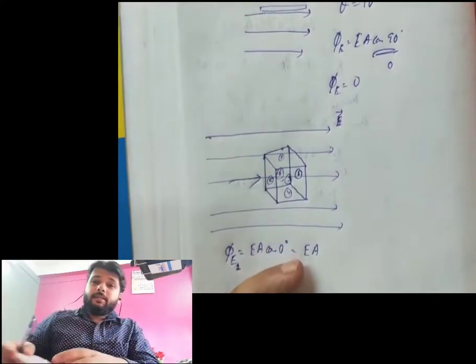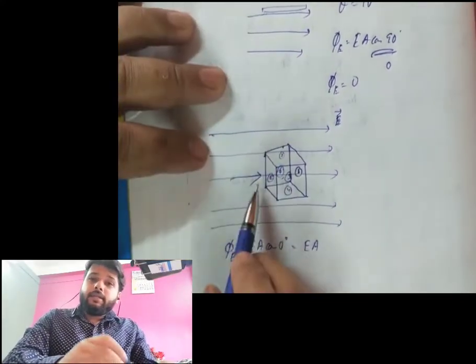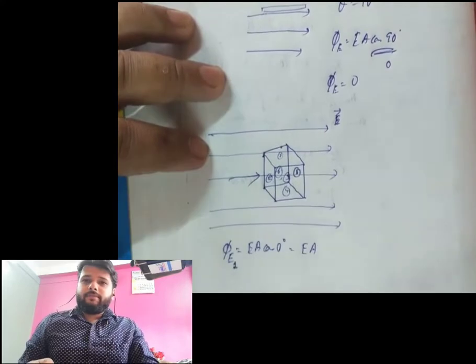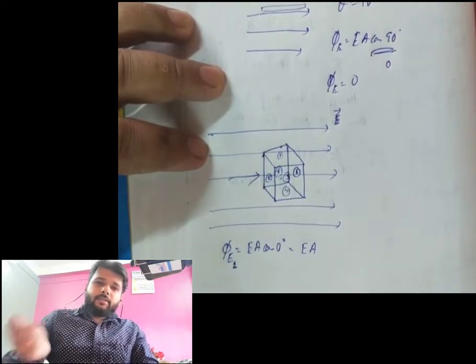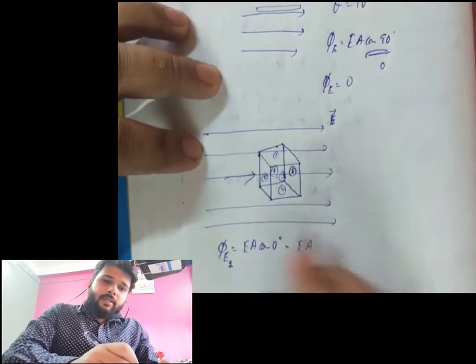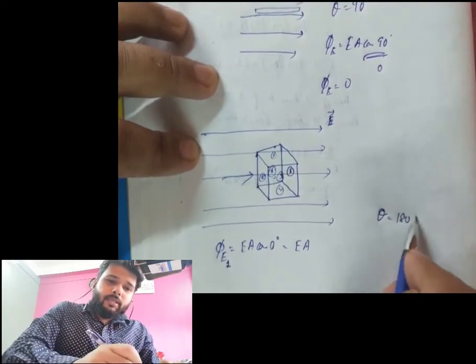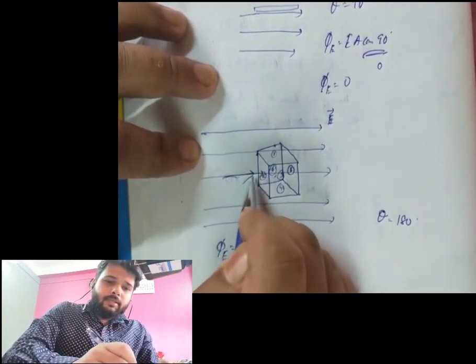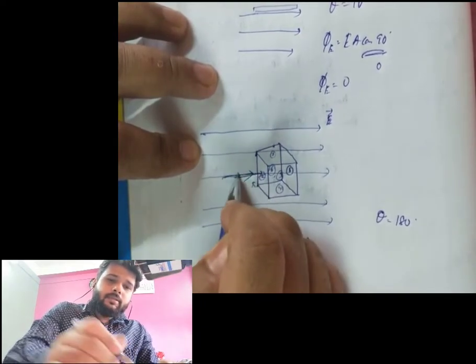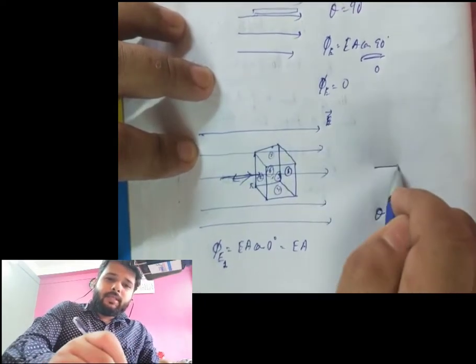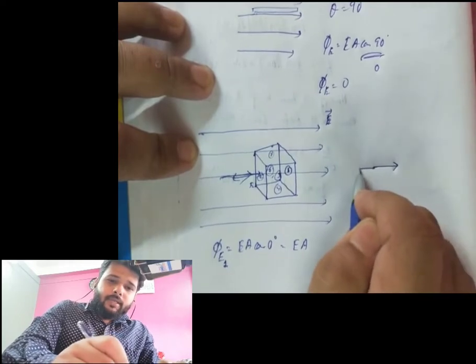So we can say that area vector and electric field are in opposite directions. Which means theta will be 180 degree. Why? Because electric field is in this direction and area vector is in this direction. So the angle is how much?